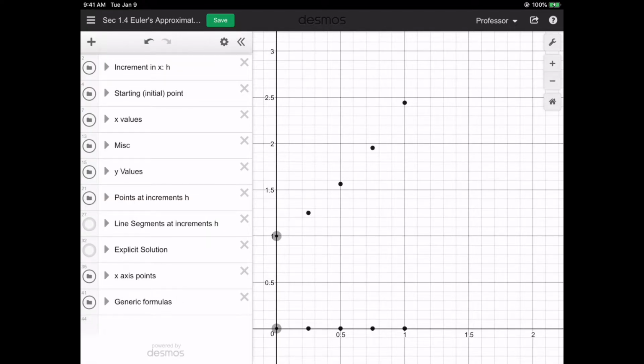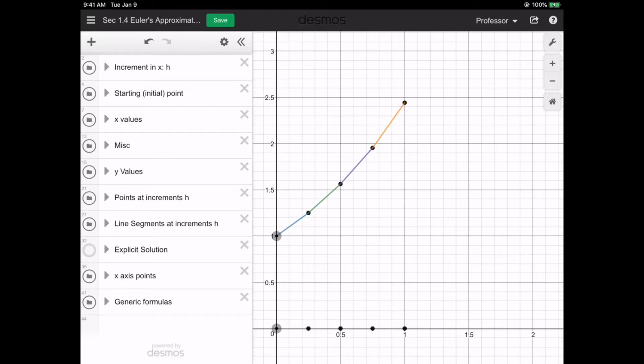We can then plot these values. So now I actually have points x0, y0, x1, y1, x2, y2, x3, y3, and x4, y4. And essentially what we did is we connected each of these with little line segments between them to approximate the solution. And this is the idea of what it was that we were doing.